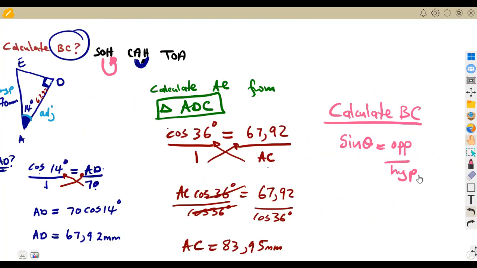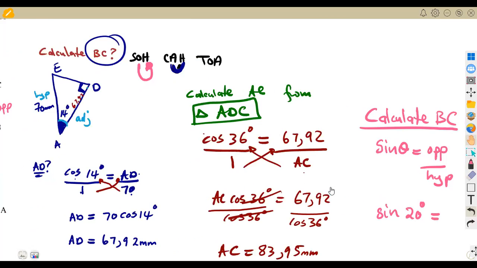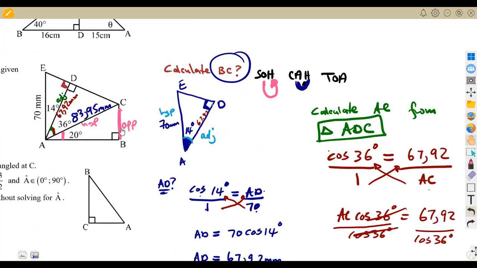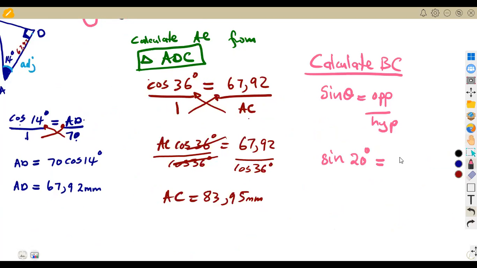So sine of 20 degrees is equal to the opposite, BC, over the hypotenuse, the side that we just calculated, which is AC, 83.95.